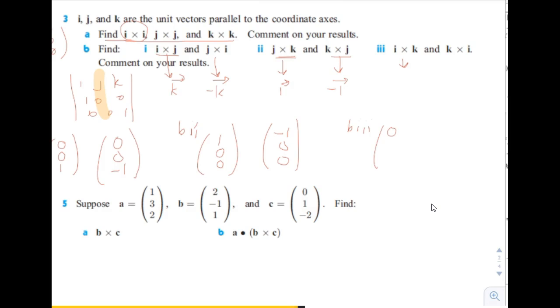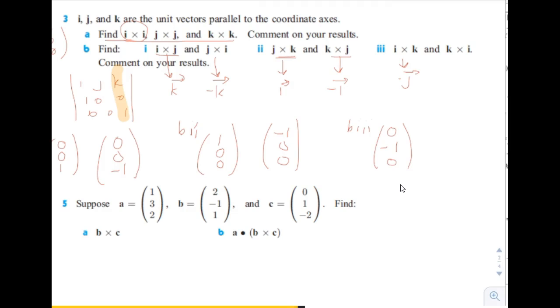And remember, the middle element is going to get a negative sign. So even though it's positive 1, you're going to make that negative. So it's going to be negative 1. And then when we cover up the K vector, we're going to end up with a 0 determinant again. So it's going to be 0, negative 1, 0. So the result is the negative J unit vector.